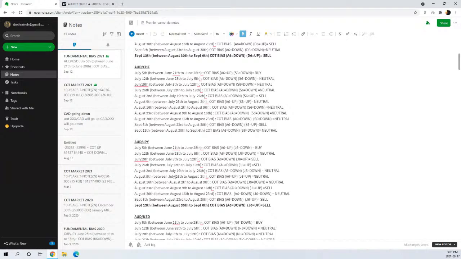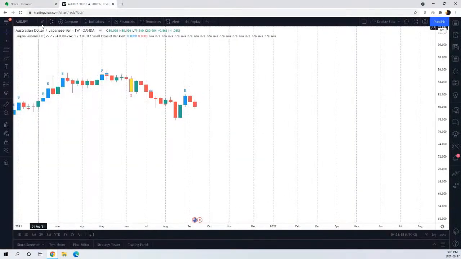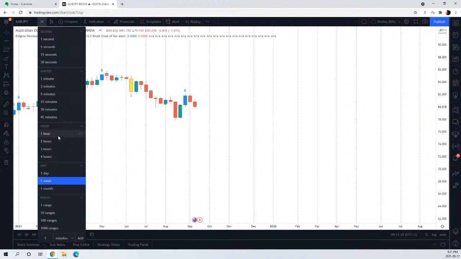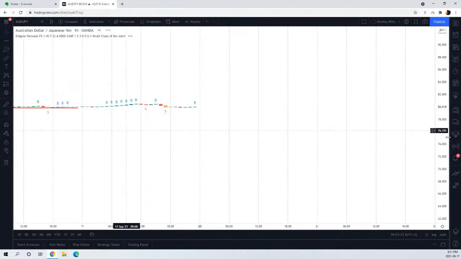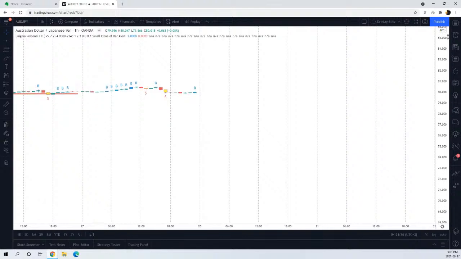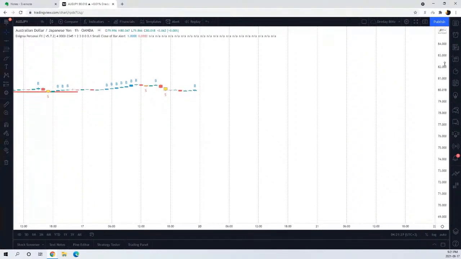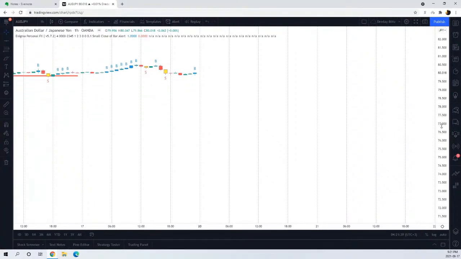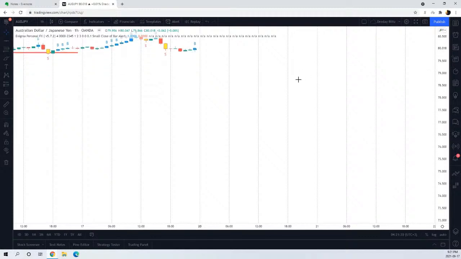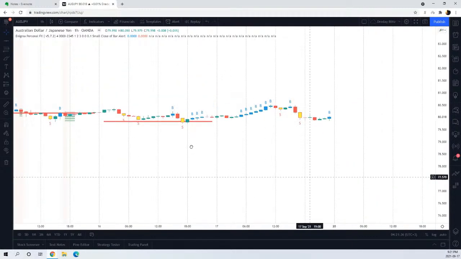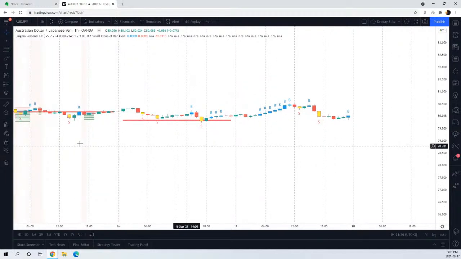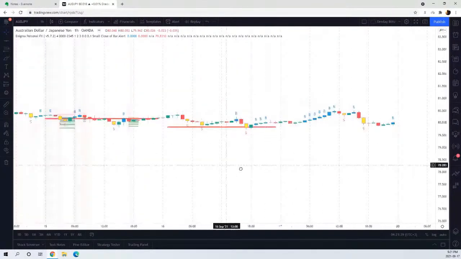Okay, so look at AUD JPY. So we're going to go on the 1 hour to see if we have any setups from Enigma. And guys, the fundamental bias is not only for Enigma, right? It's for any type of style of trading that you use every day.